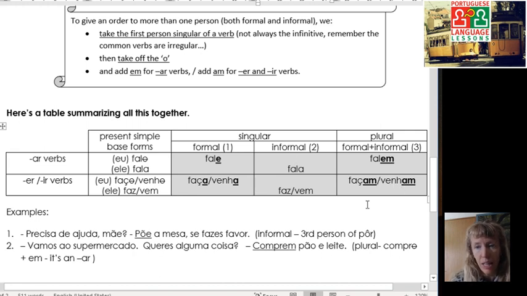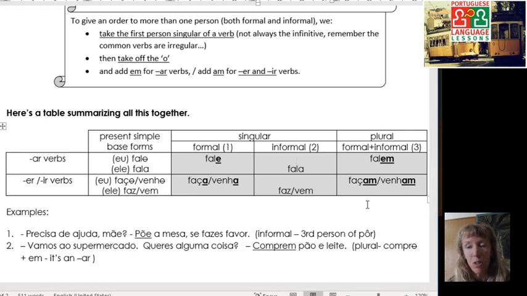Okay. If you're not somebody who likes to follow these patterns and rules, that's fine. You can just learn the different forms. So there's 3 different forms to learn. So for example, for the verb fazer, you can learn faça, faz, façam.